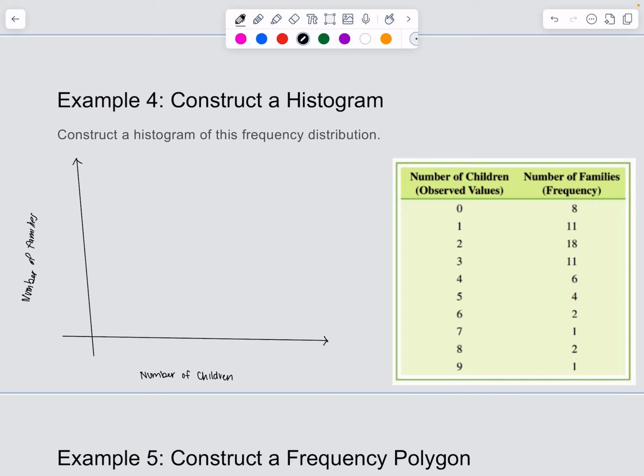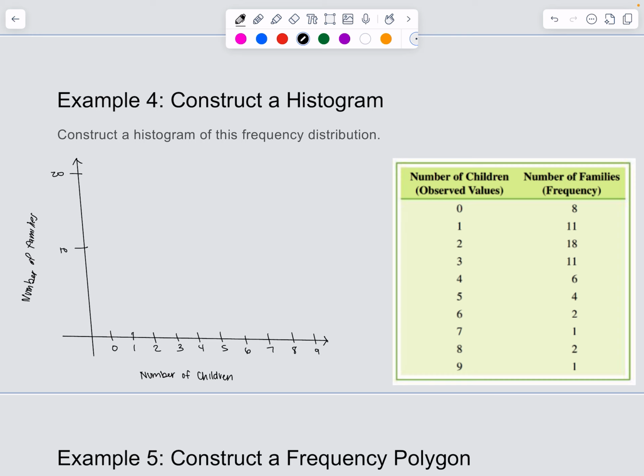Okay, so the number of children goes from 0 to 9, so I'm actually going to label 0 on here. And then the number of times that they happen, it looks like it goes from 1 up to 18. So if we just max it up at 20, that should cover everybody.